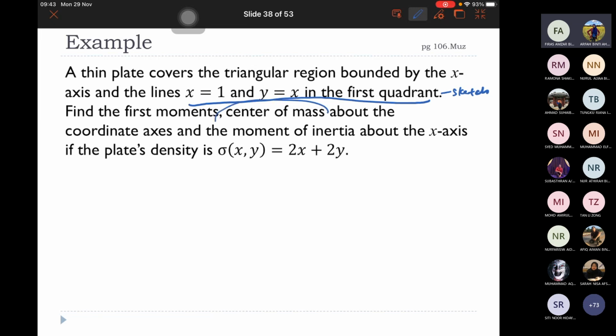Meaning that center of mass, this one awak nak dapatkan x bar, y bar. So first moment dia nak Mx dan juga My. And the moment of inertia about the x-axis, so kita nak dapatkan Ix, given the density of the plate as given in the equation below. So macam mana kita nak selesaikan untuk this one?